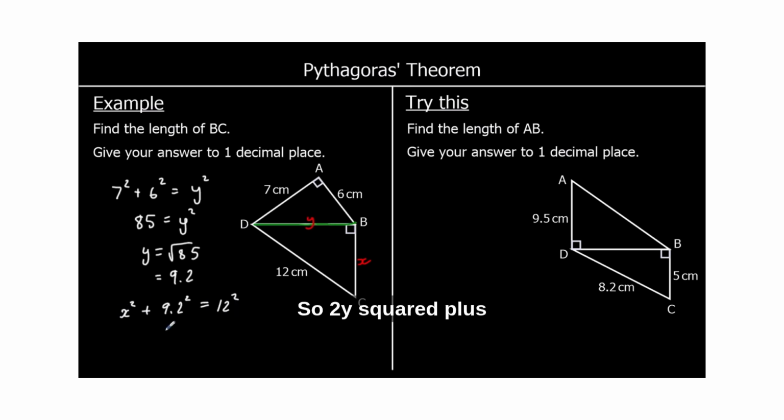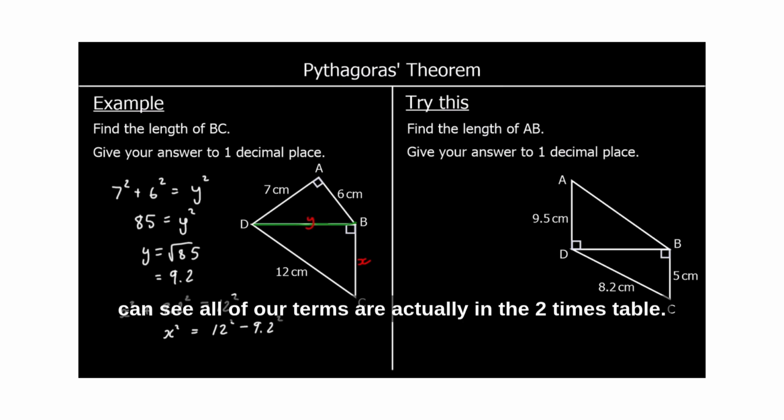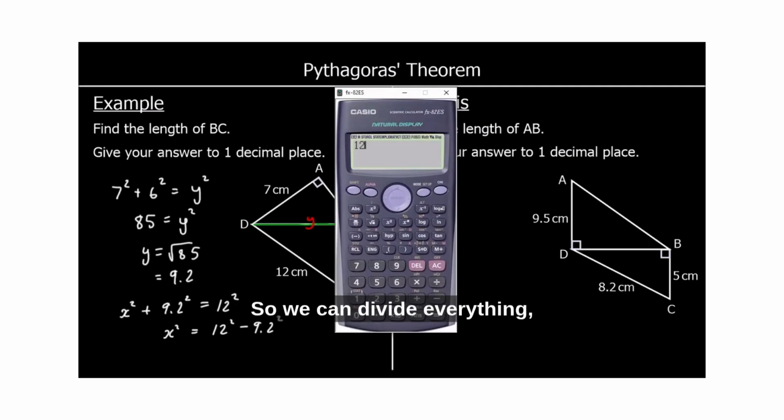So to get x squared by itself, we take away 9.2 squared from both sides. So we can say x squared is 12 squared minus 9.2 squared. So 12 squared minus the answer squared, because 9.2, the answer, is still in the calculator, and that's 59.